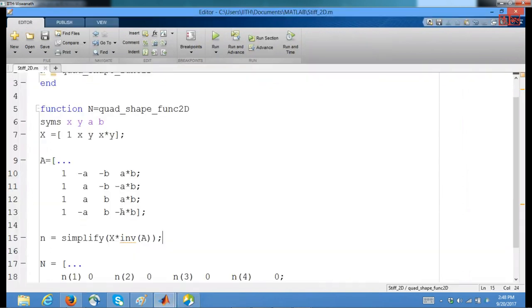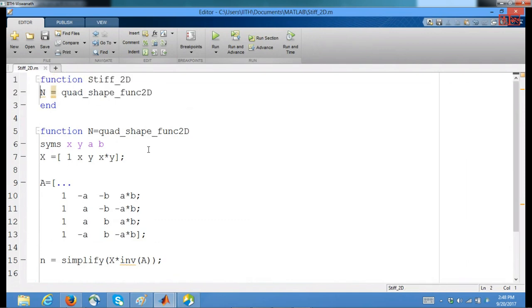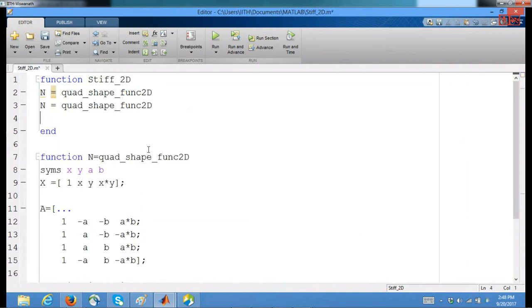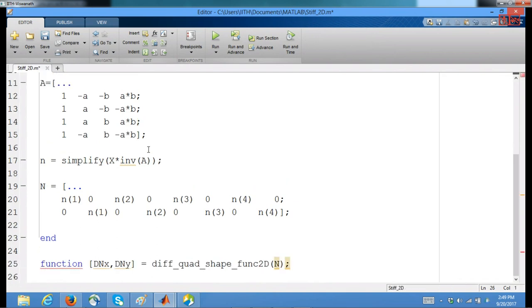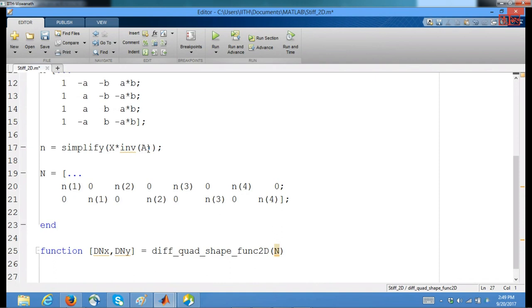Now what I will do is I will obtain dnx and dny, which is differentiation of the shape functions provided n has been given. So we know that this is given by dnx.